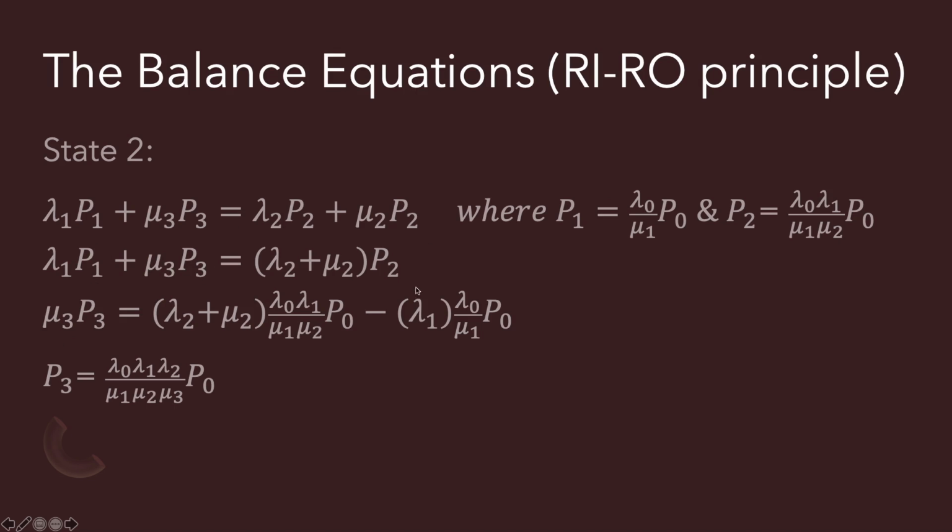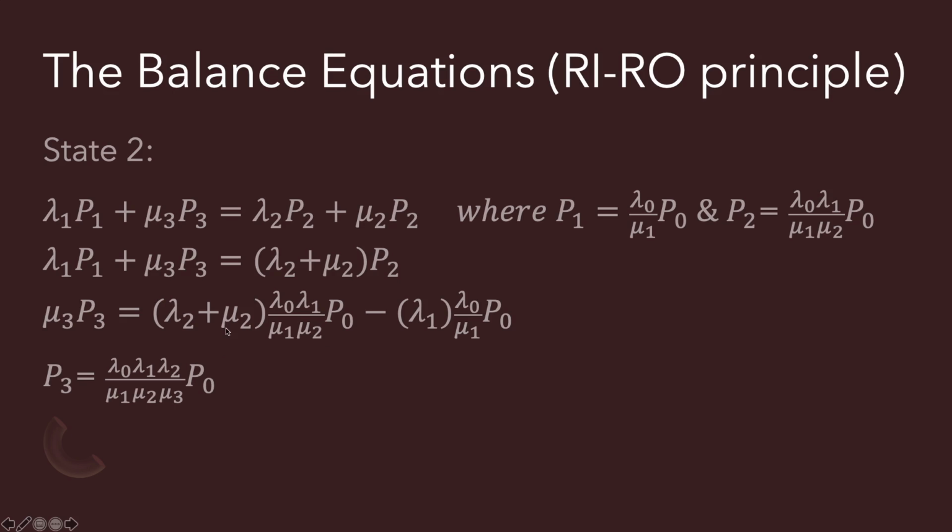This one is transposed to the right, so minus lambda 1 times P1. Then simplifying, if you multiply this with this, you cancel out mu 2. If you multiply this with this, you get lambda 0 lambda 1 over mu 1, which coincidentally cancels with this. And therefore, what you are left with is lambda 0 lambda 1 lambda 2 over mu 1 mu 2. And then divide everything by mu 3. We get this.